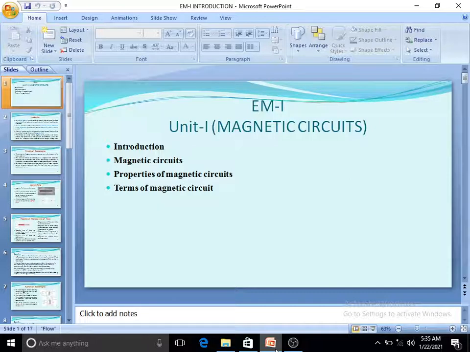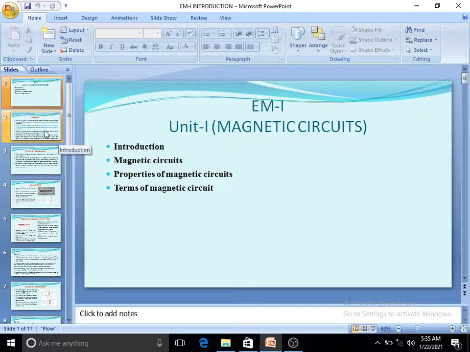Out of the 5 units, in the first unit we need to focus on magnetic circuits. Today in this PPT I am going to present the concept of magnetic circuits. We need to cover the introduction, the properties of magnetic circuits, and some of the definitions related to magnetic circuits.